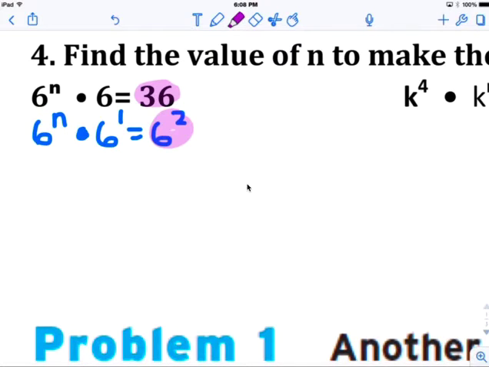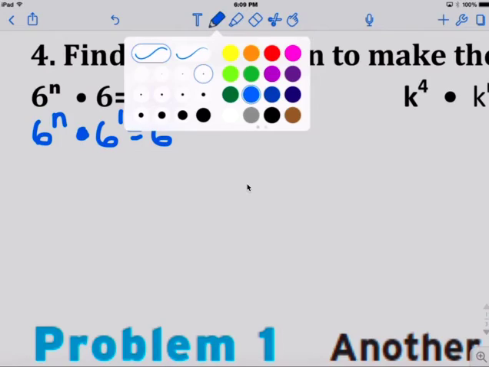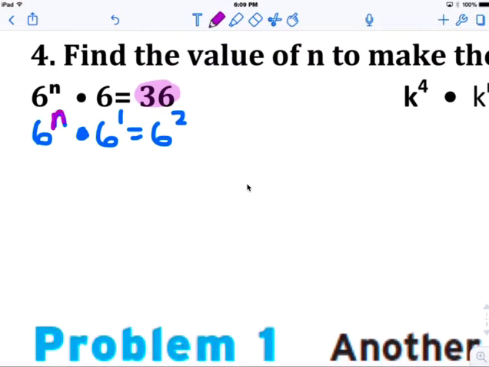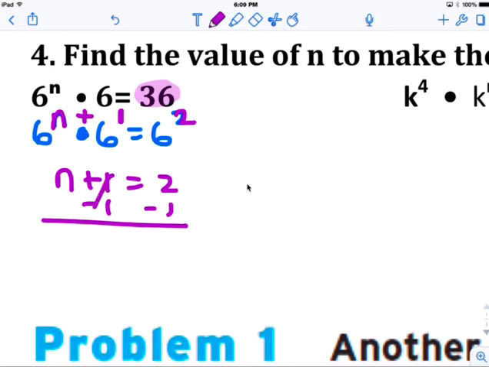Then because these are all multiplication, you add the exponents, right? So n plus 1 equals this 2. Minus 1, and then n equals 1.